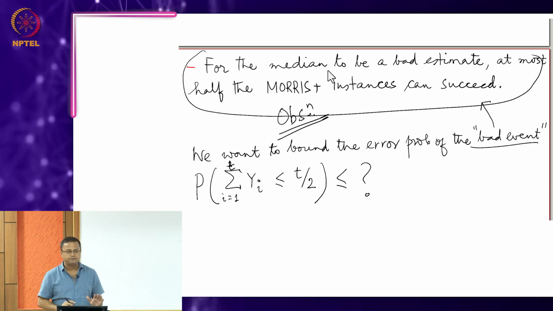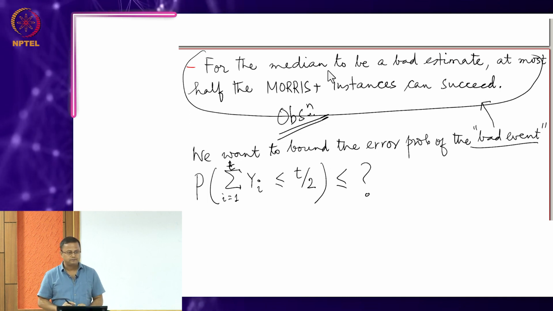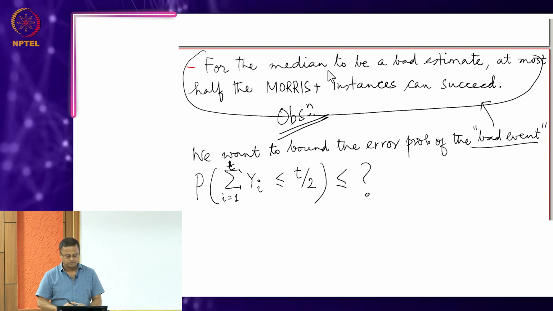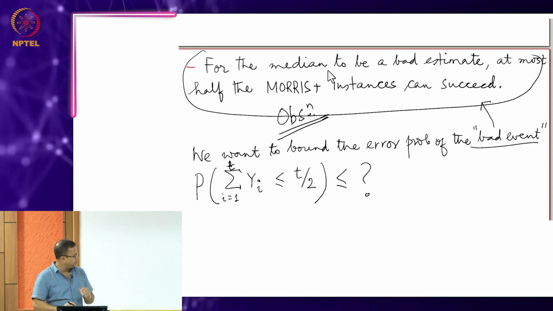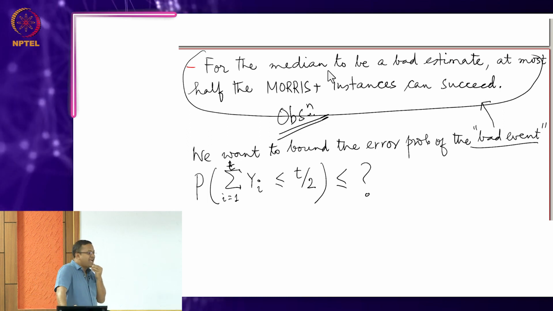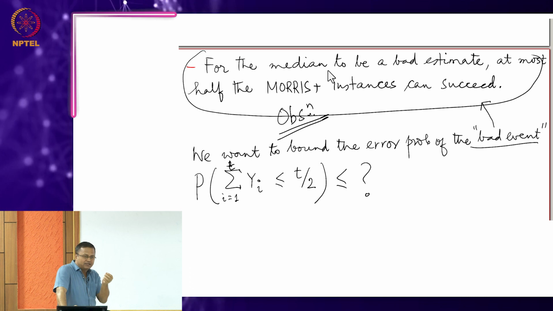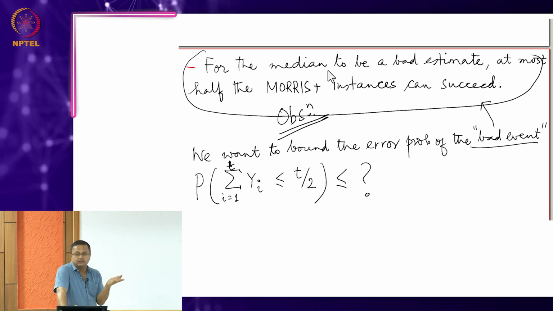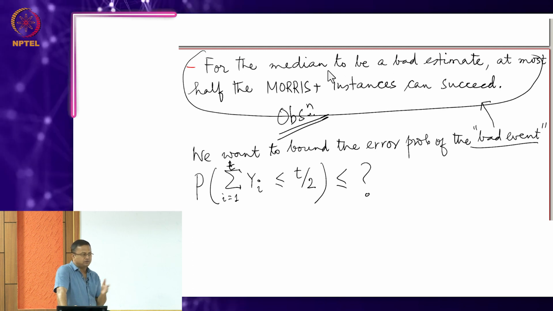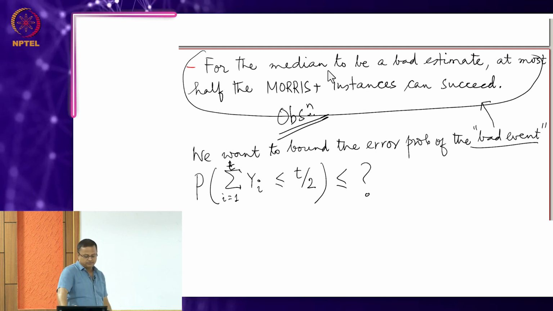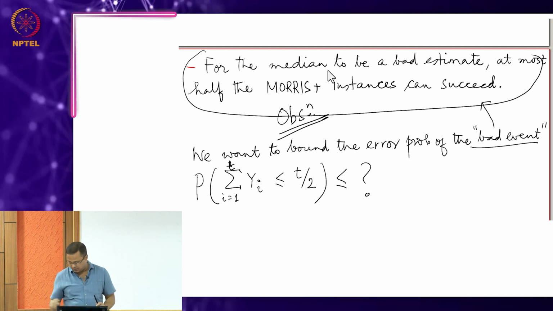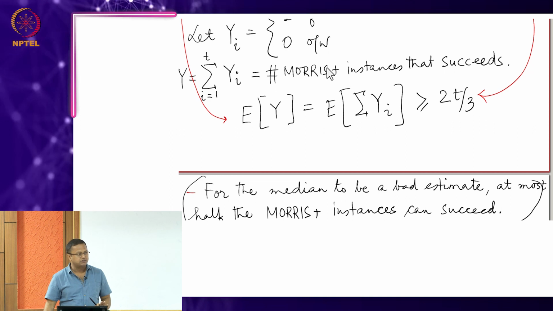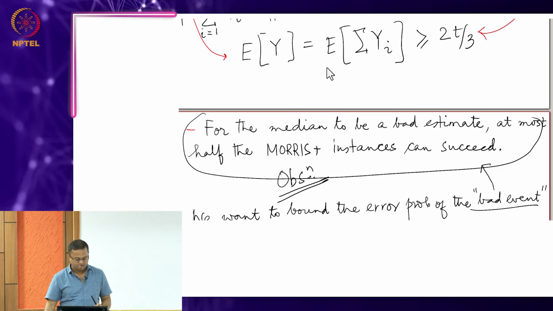So, are you okay with this? If the median is supposed to be bad, right, not many can succeed, that was the argument. So, at most half can succeed, that is what I have written. Summation, and remember what was summation of yi is the number of Morris plus instances that succeeds.